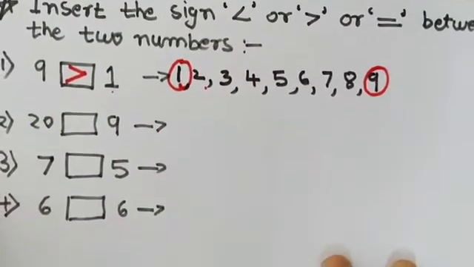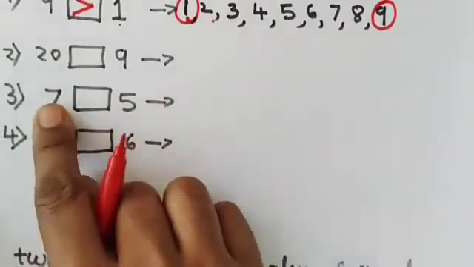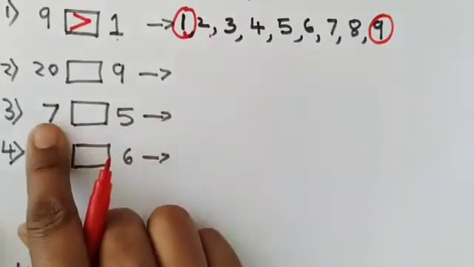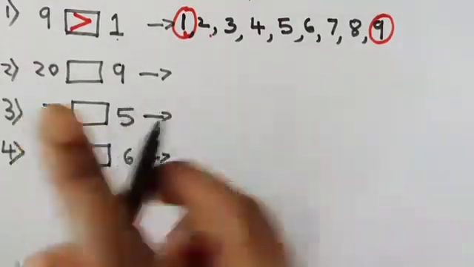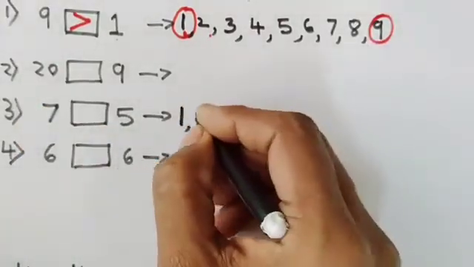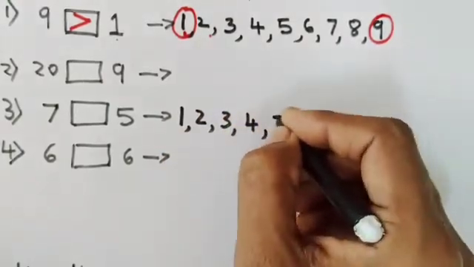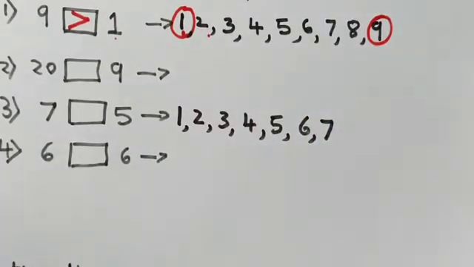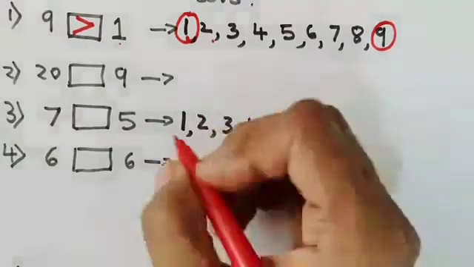Like this, we will take one more example. Here we have 7 and 5. So we have to write numbers from 1 to 7. So we will write here 1, 2, 3, 4, 5, 6 and 7. Out of these two, first we have to find which number comes first.